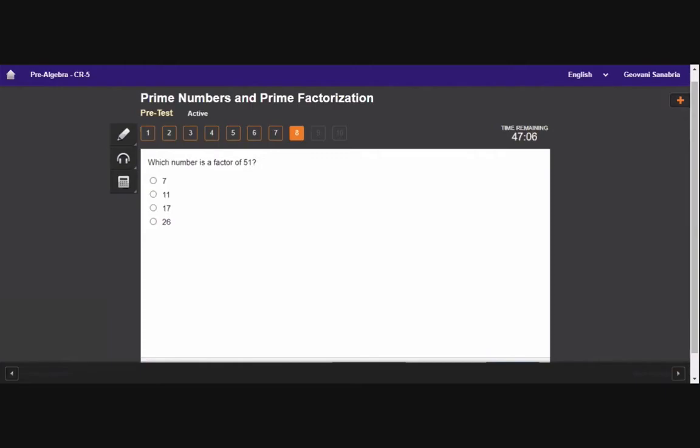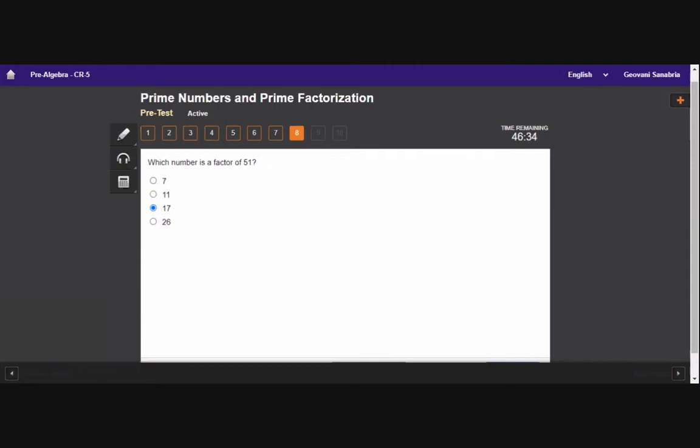So it'd be 17. Well, I'm gonna try the last. Yeah, I'm gonna try it too. 17. Okay, so the factor just means it divides evenly. So when you did that, 51 divided by 17, what did you get? 3.